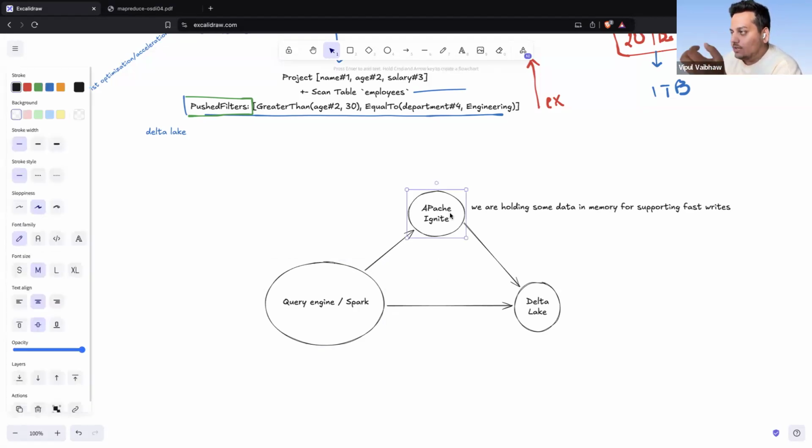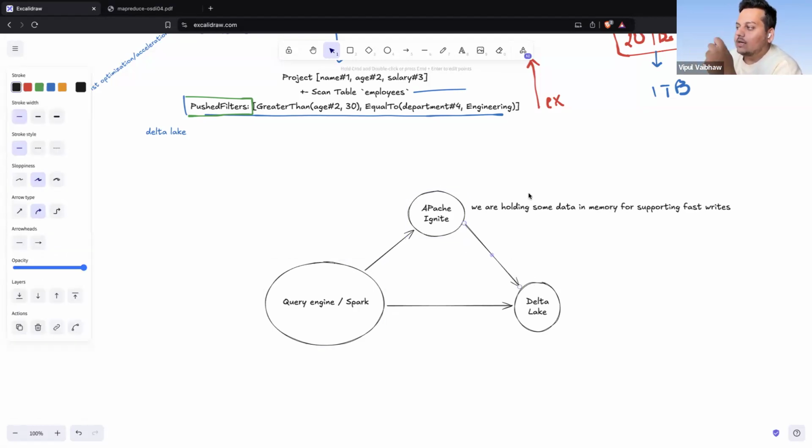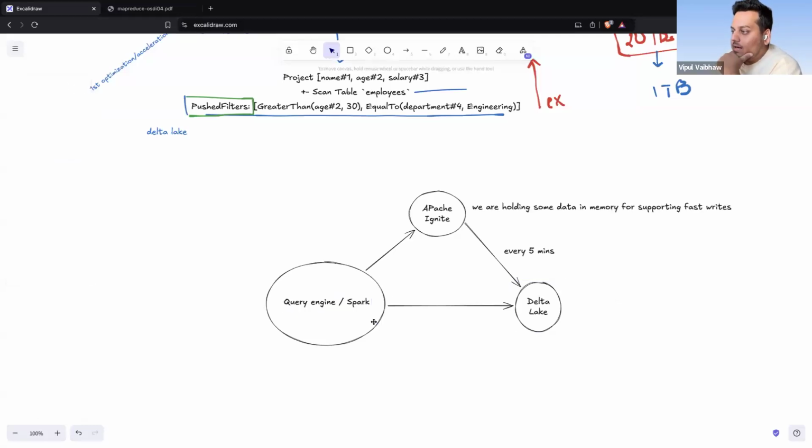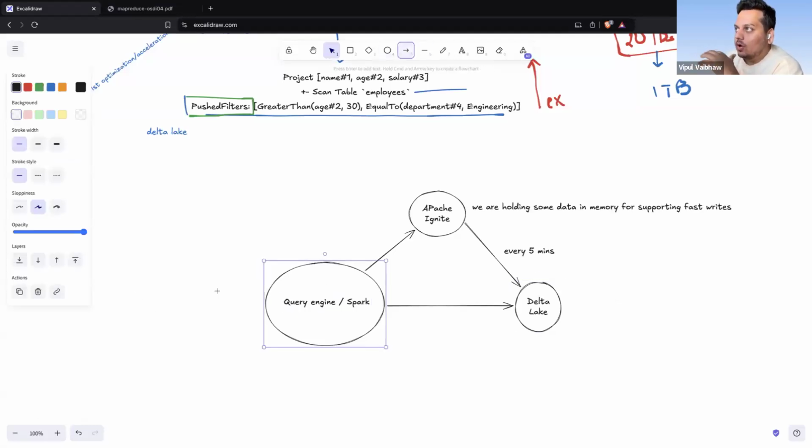Apache Ignite is going to hold some data in memory and push that data later on to the Delta Lake, let's say every 5 minutes, depending on how the configuration is.